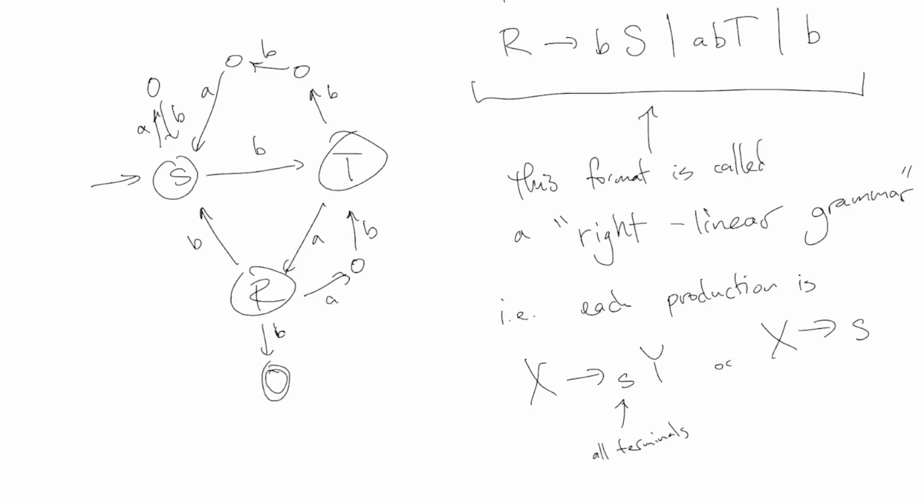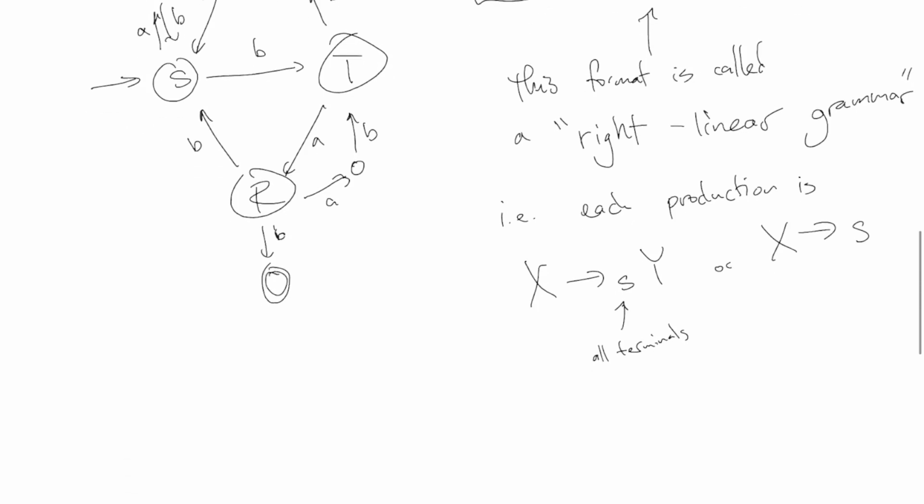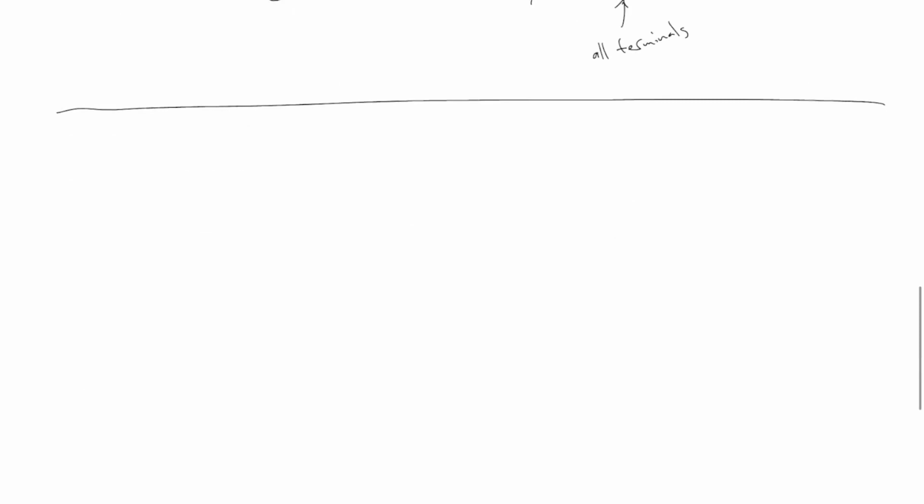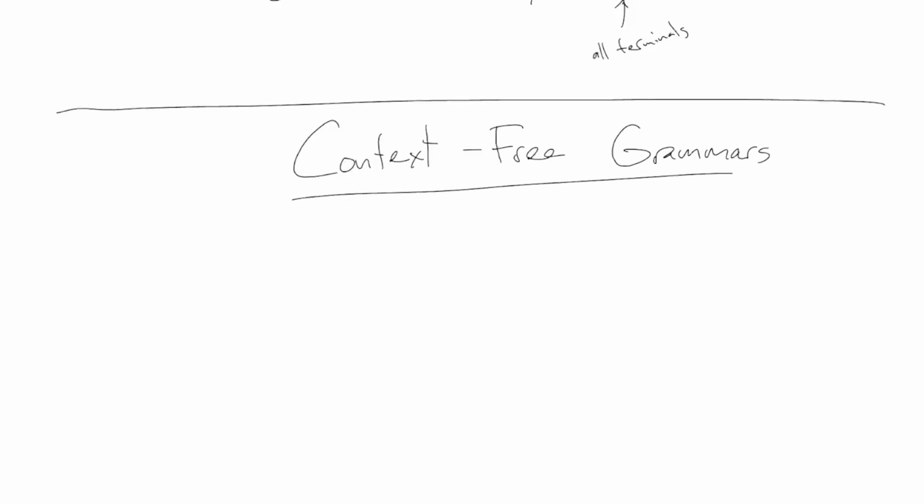All right, what I would like to talk about, probably for the rest of today, is a more interesting class of grammars. I would like to talk about what they call context-free grammars. This is another type of grammar.